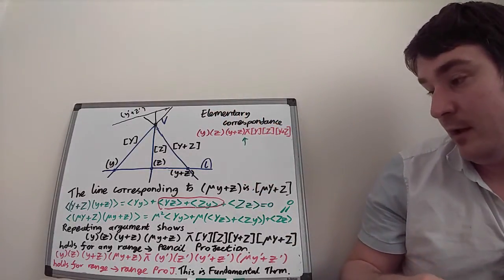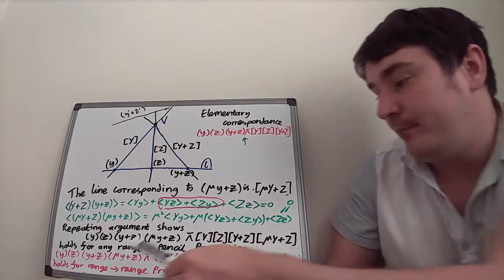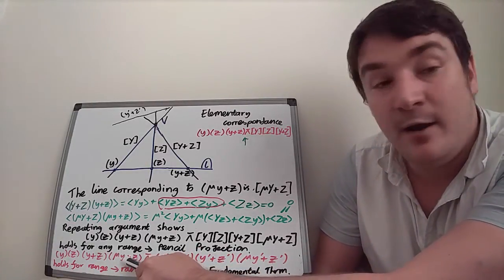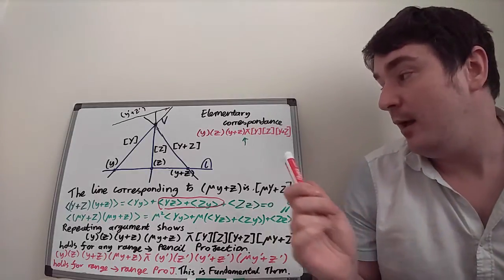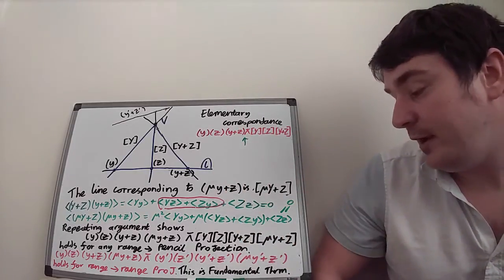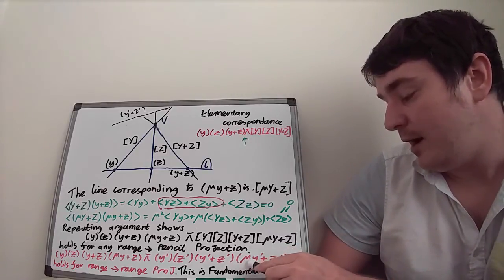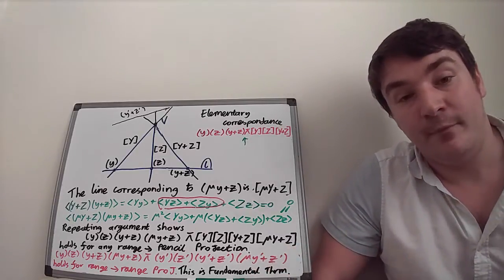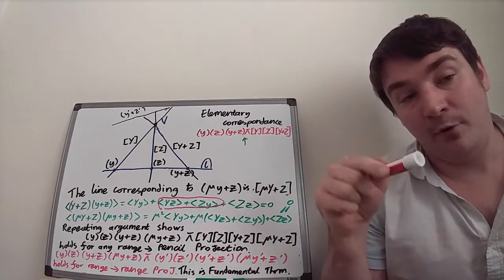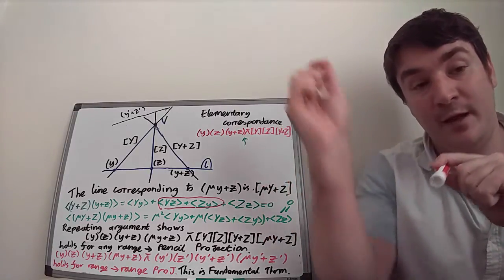And similarly, we're going to have that mu y plus z, this sort of generalized parameterized point on L, is going to correspond exactly to mu y dash plus z dash. So this parameterization is describing a point, it's also describing the thing it's projective to.